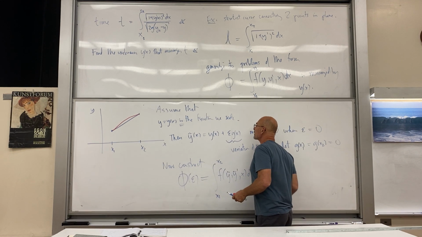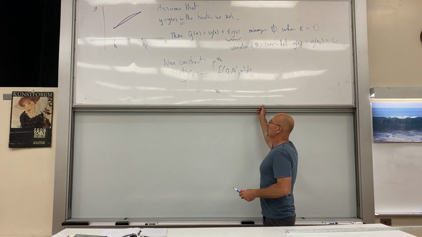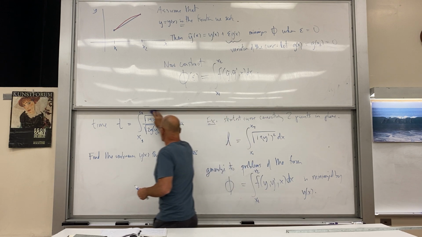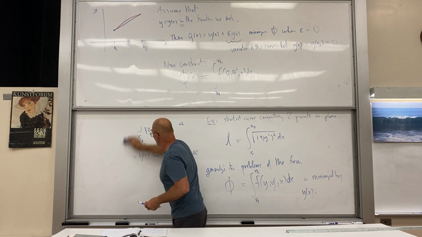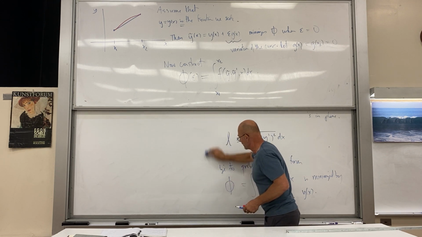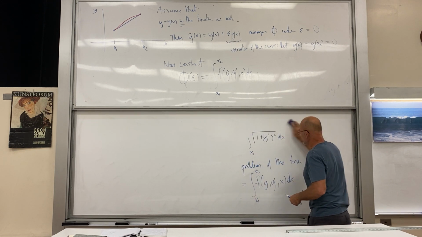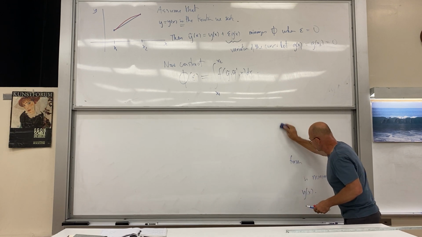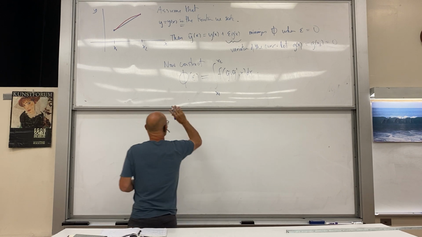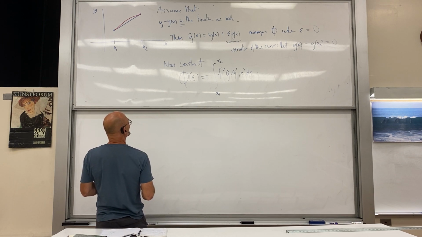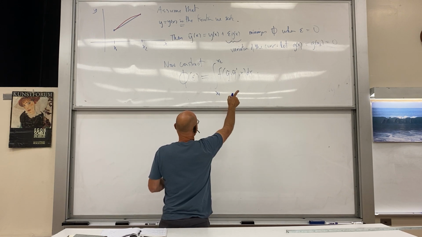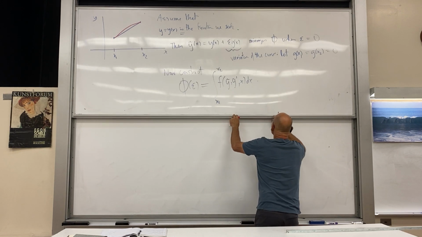So that's our next statement. We've just constructed this thing. So we'll formulate that statement, and then we'll do the calculation. So now construct so-and-so. You notice the g's are defined up here.